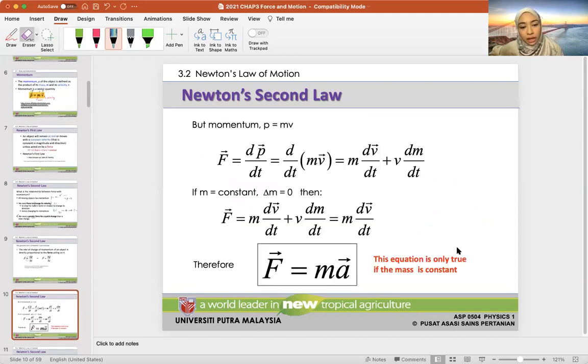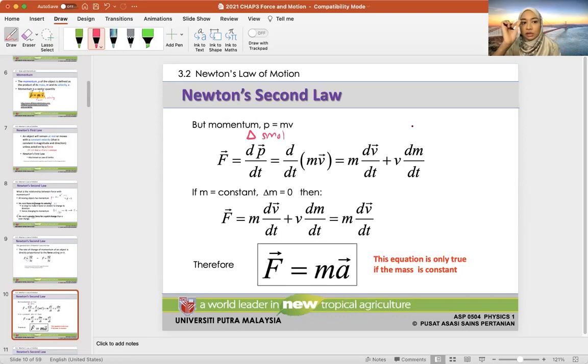Okay, so if F is proportional to the change in momentum over the change in time, how do we expand this? So dp/dt, I told you before, delta is actually change and d is also change. The differentiation dp, for example you're differentiating momentum with respect to time, but the d refers to a small delta.